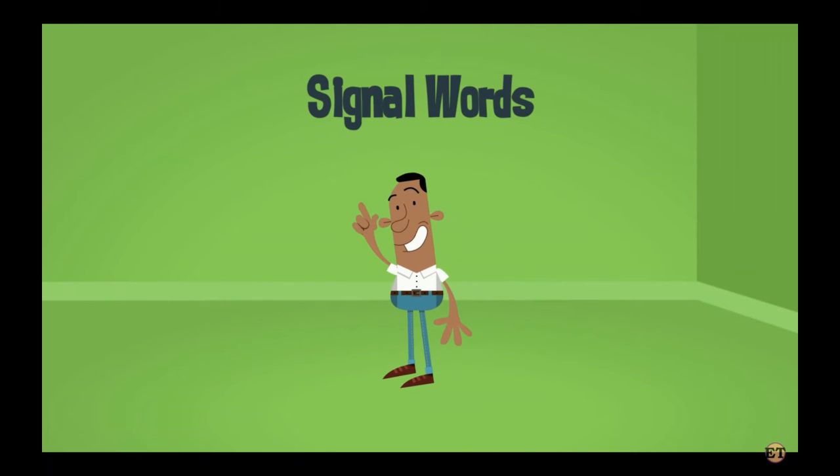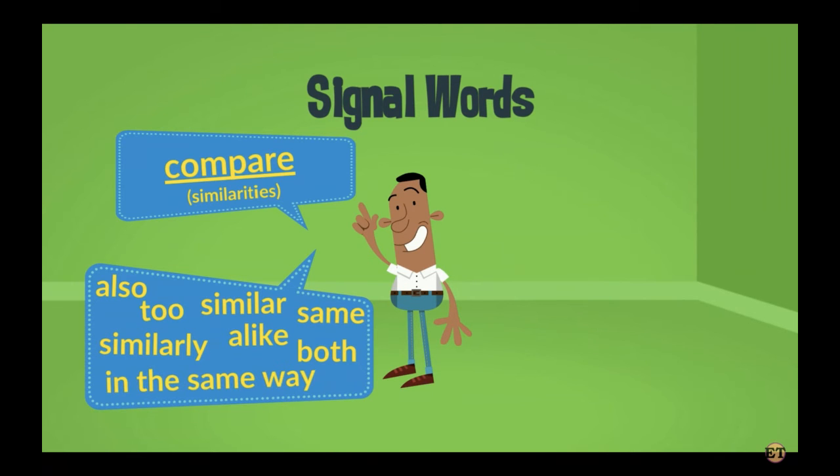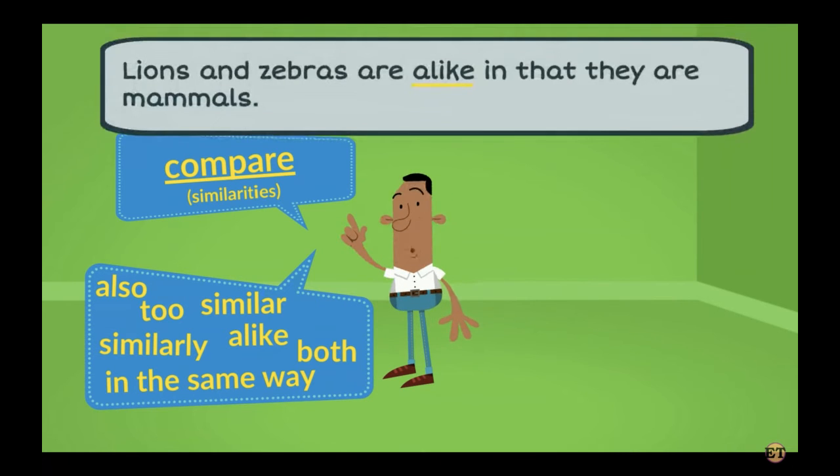These words or phrases are used to compare, in other words, to highlight similarities: also, too, similar, both, alike, same, similarly, in the same way. For example, lions and zebras are alike in that they are mammals.